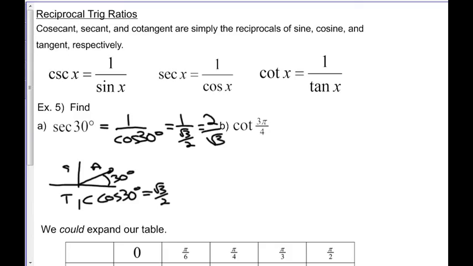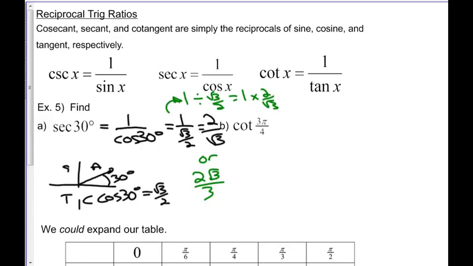If you were to do that division, it would look like this: 1 divided by root 3 over 2, and to divide fractions, we multiply and flip. So it gives us 2 over root 3, or that's sometimes written as 2 root 3 over 3. If we didn't want to do it with that step of figuring out what cos is, then we'd have to expand our table. And we'll look at that in just a second.